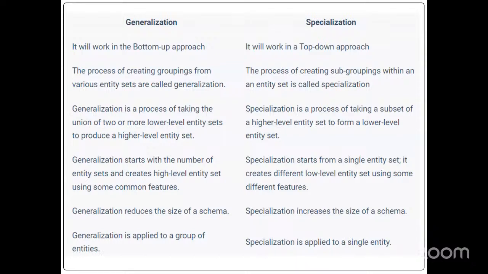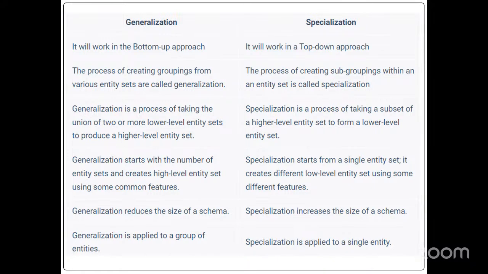So, generalization. In specialization, is it top down or bottom up? Top down. Coming to generalization, the symbol representation is like this. 'Is a', the reverse triangle. So it is a bottom-up approach.